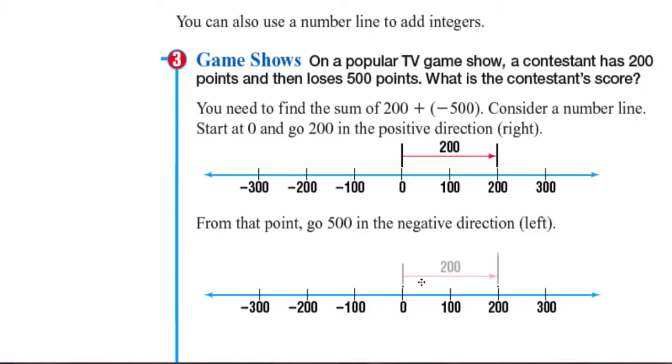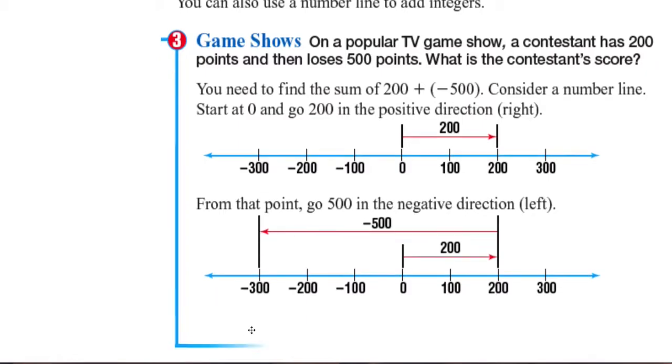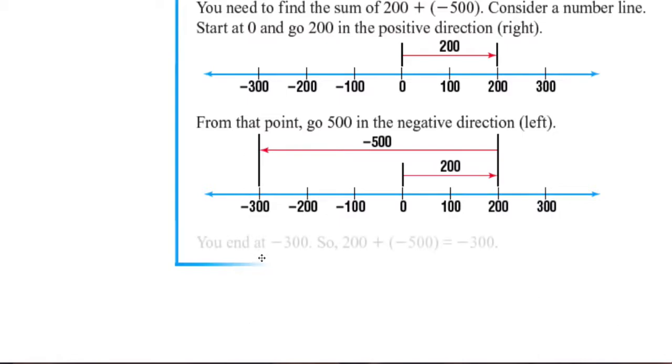So we have our 200, which is this line right there. And then from our 200, we go 500 in the opposite direction. So if you notice, once you go back 500, it lands on negative 300. So in this case now, you end at negative 300. So 200 plus negative 500 is equal to negative 300.